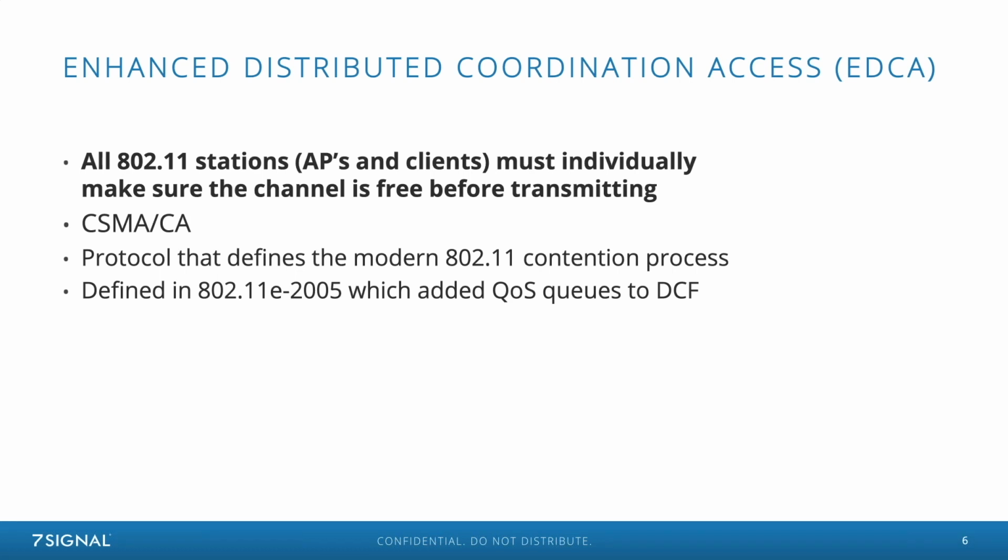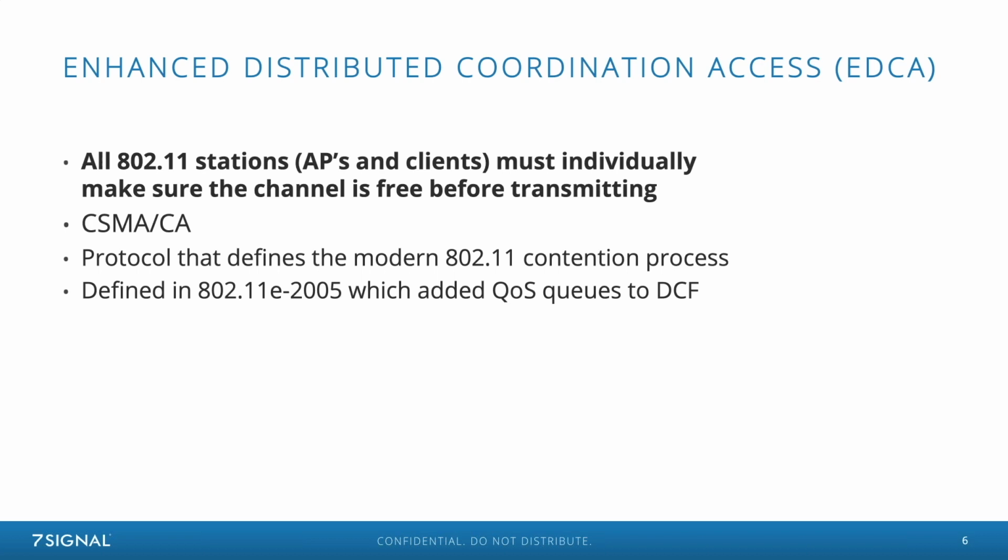The amendment that we got EDCA from was 802.11e in 2005, which enhanced the distributed coordination function we already had from the early days of Wi-Fi by adding QoS queues to it. But the most important concept is that every station is acting individually. It's uncoordinated.